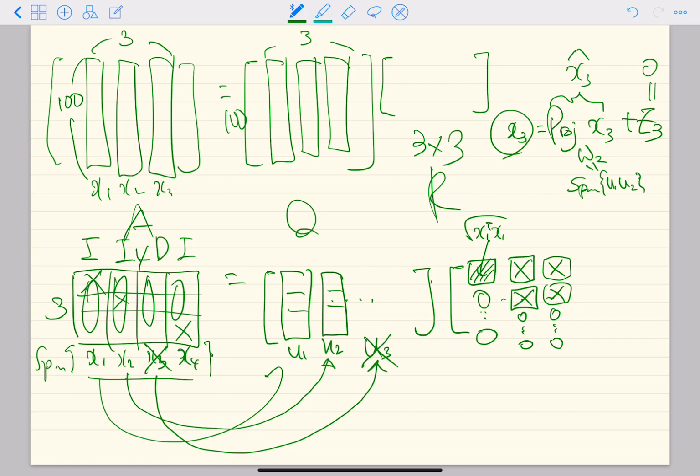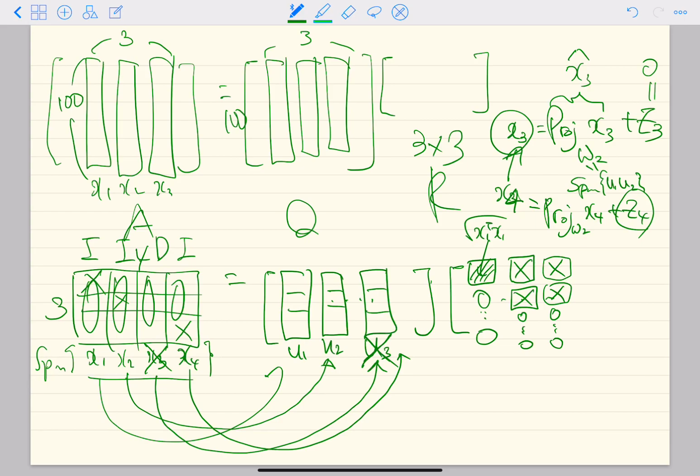Okay, and then we don't need u3 or any other additional basis vector to form the linear combination. And then x4, will it give a new third orthonormal vector? Yes, it will. So we perform the same thing: x4 is like the projection onto W2 of x4, plus c4 times the new direction, and this guy will be non-zero, and then we normalize it, and that's how we obtain this u3, right?